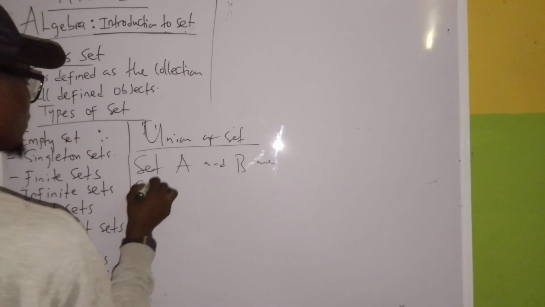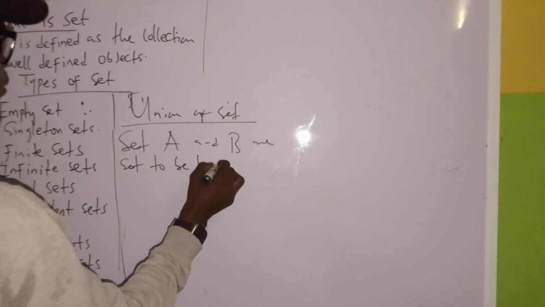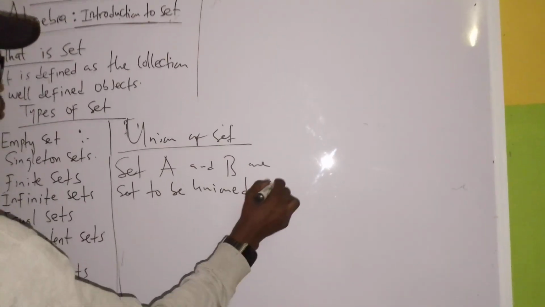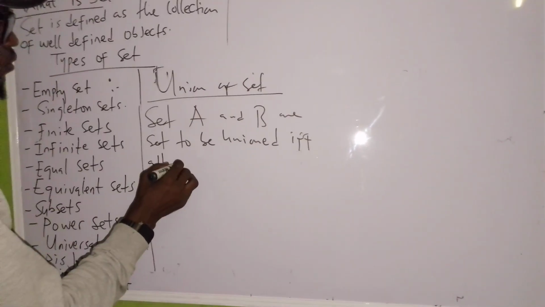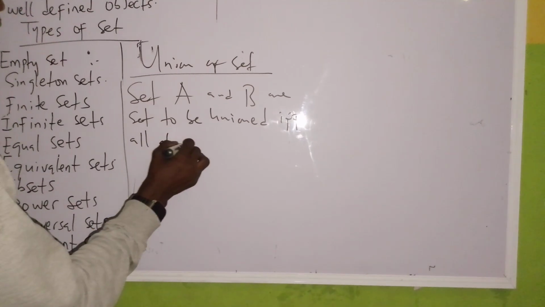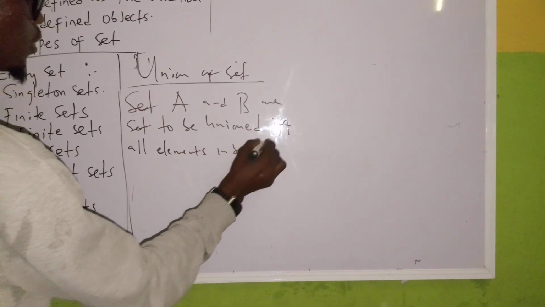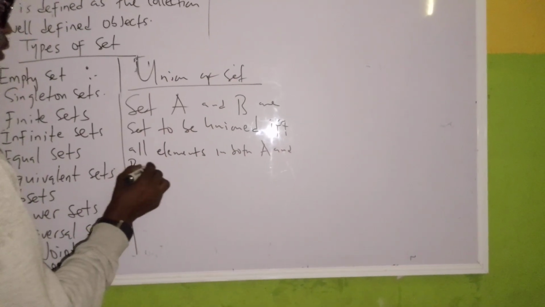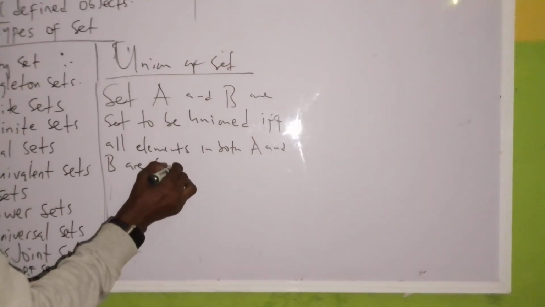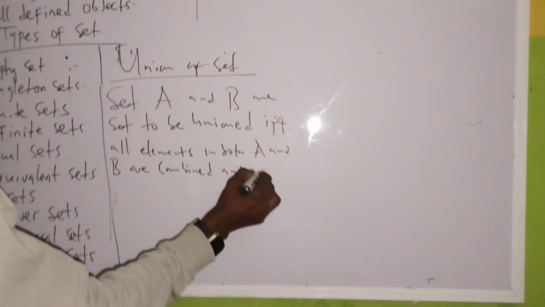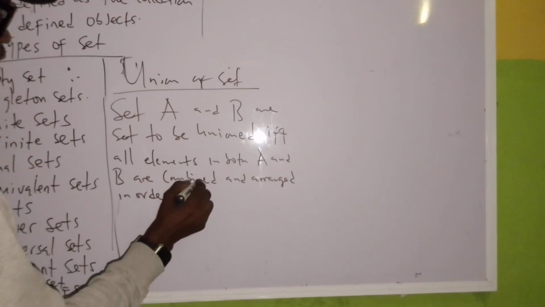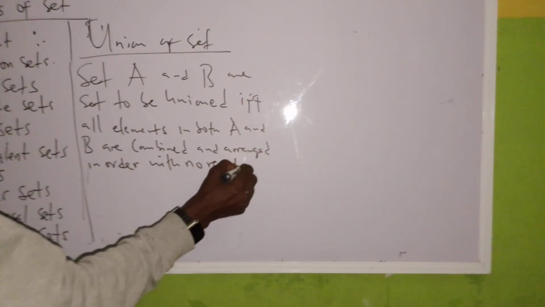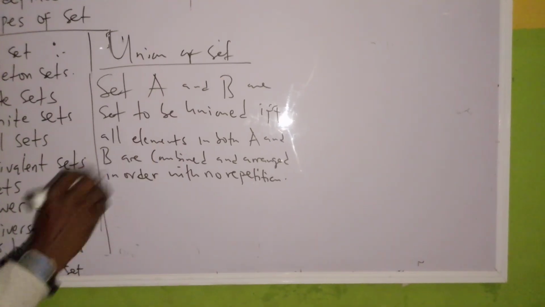Sets A and B are said to be unioned if and only if all elements in both A and B are combined and arranged in order with no repetition. You should get that statement. Very simple.